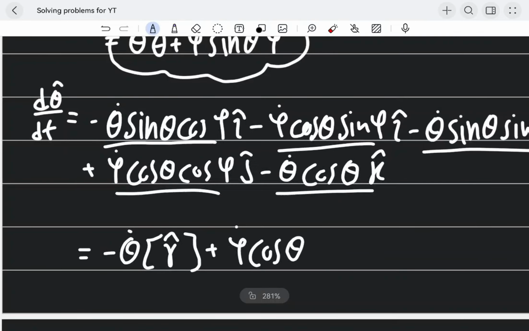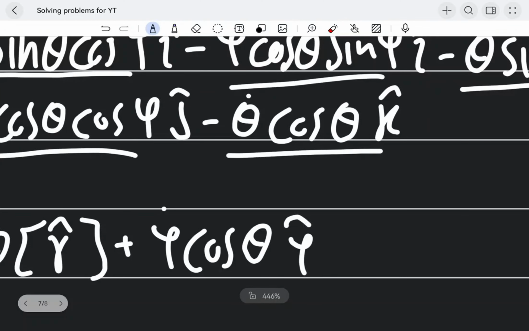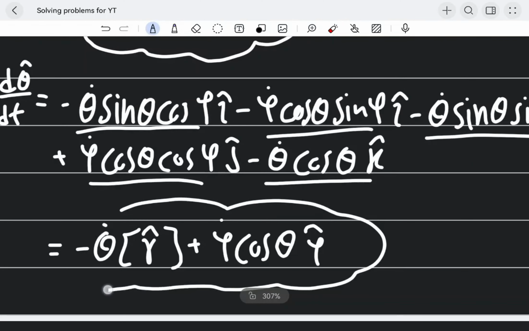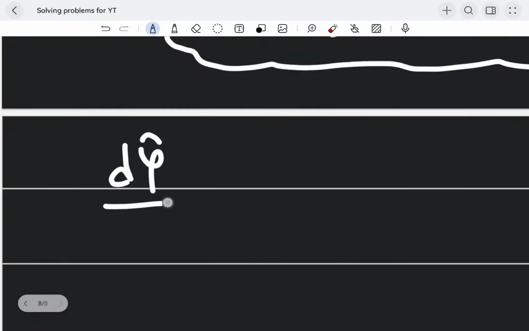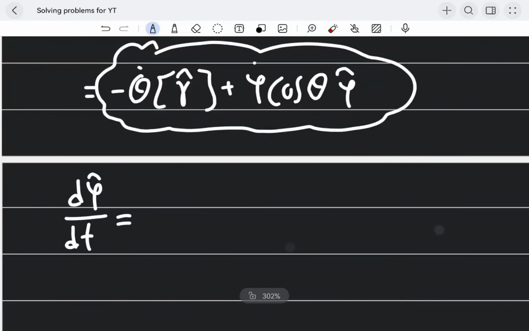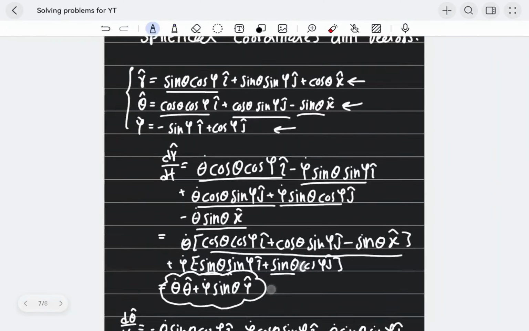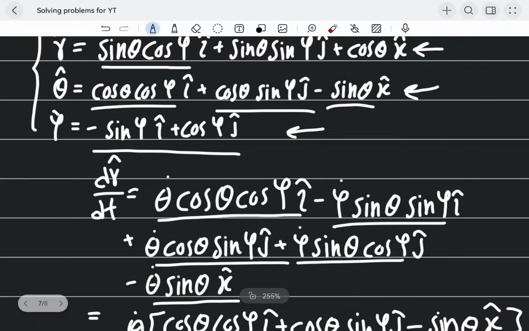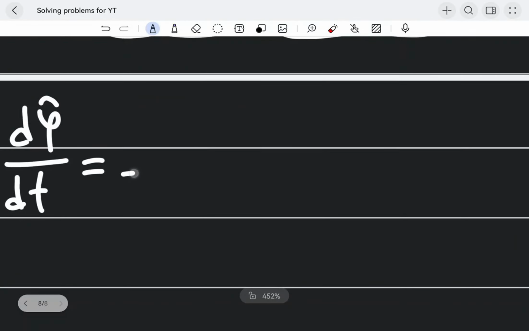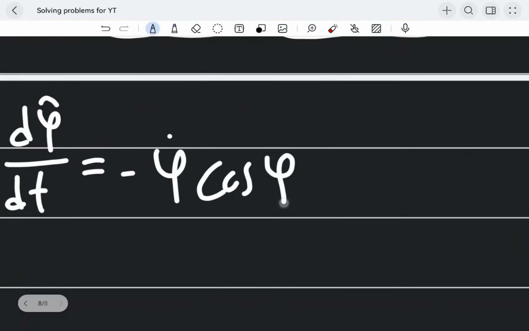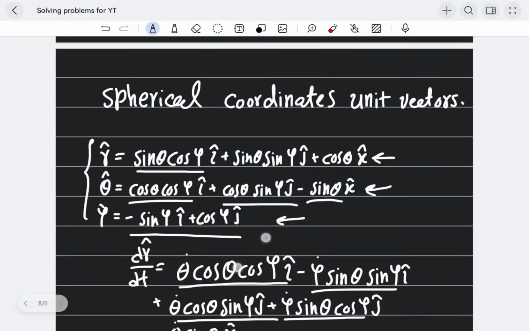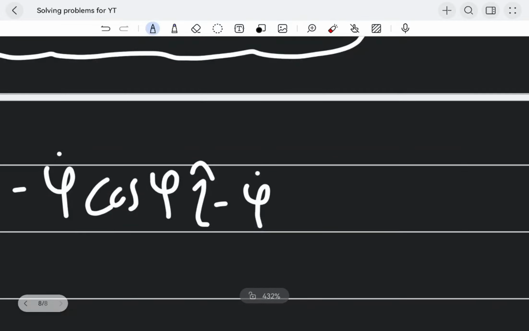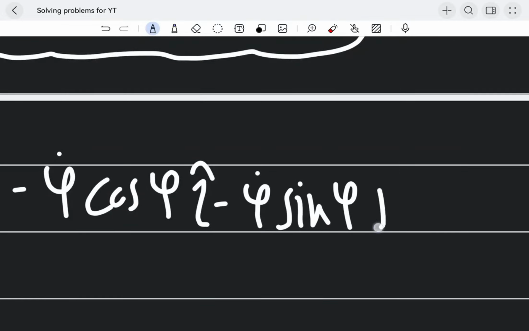I'm left with minus sine phi i hat plus cosine phi j hat, and this will be phi hat. Now the derivative of phi hat: we are differentiating this, minus phi dot cosine phi i hat minus phi dot sine phi j hat.